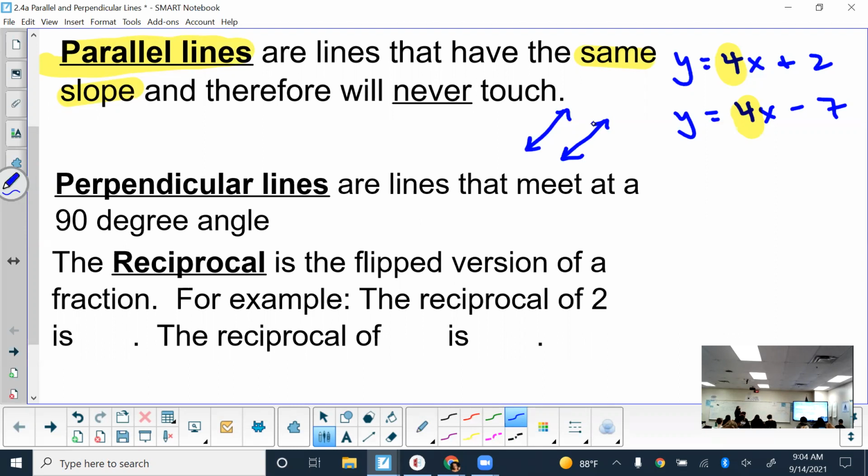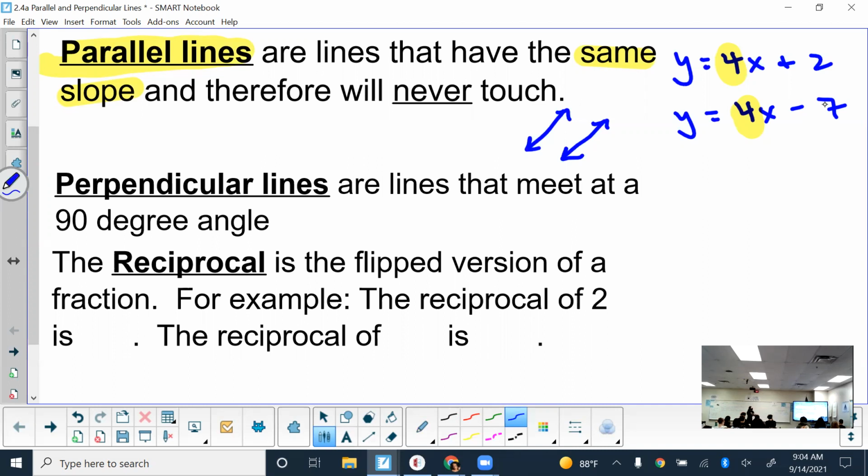So if I change this to 4x plus 2 as well, aren't they like the same line? So those wouldn't be parallel lines, those would be the same line, right? But they have the same slope, different y-intercepts, they're parallel. Questions about that?